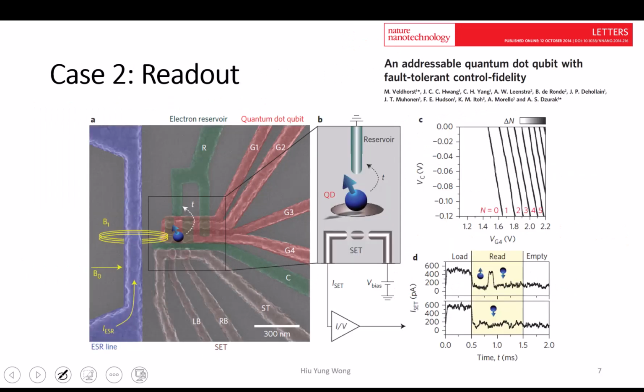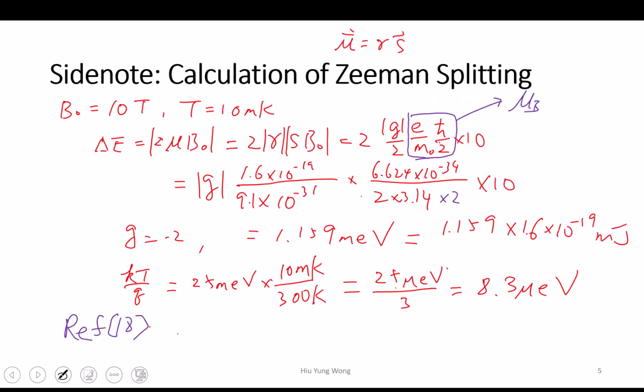But anyway, for the reference of that paper, what it says is that they found that g is equal to 0.4. Okay, 5 times smaller than 2. So if that is the case, then it means your delta E is equal to 230 micro eV.